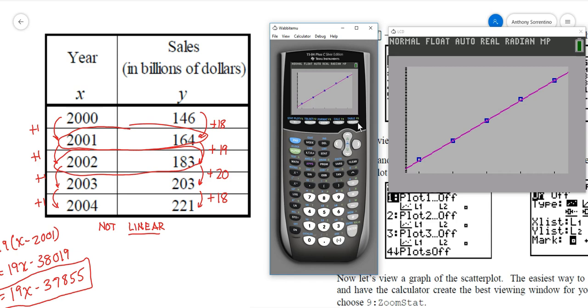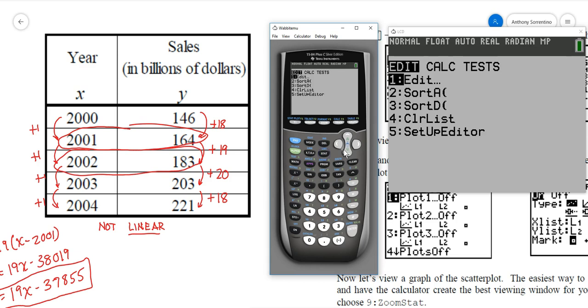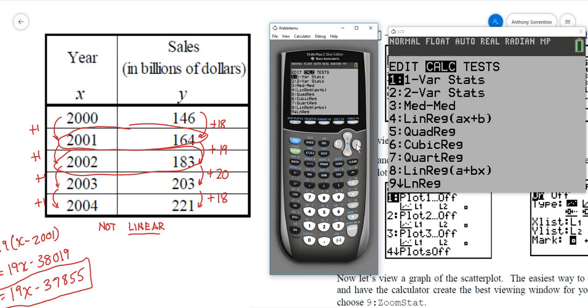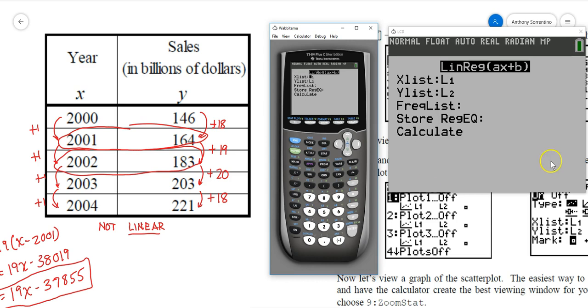However, I want to find the actual linear regression equation. So I'm going to quit out of here and go back to stats again. I could go back to calc for calculate, and I'm going to choose choice number 4. The X list is L1, Y list is L2, no big difference there. I can choose to store the regression equation.